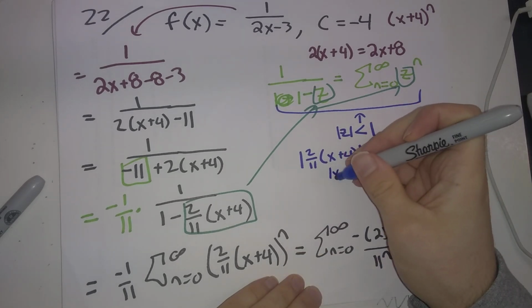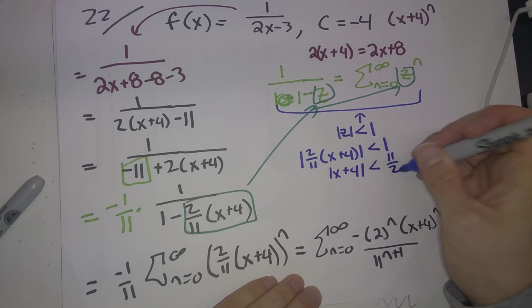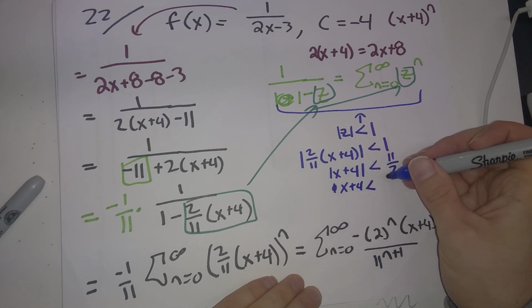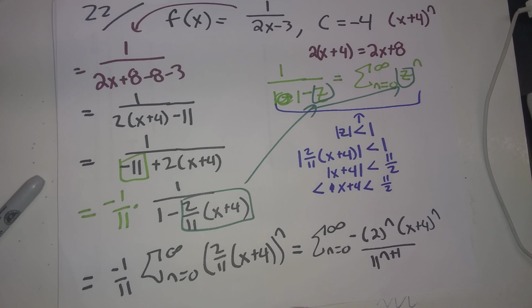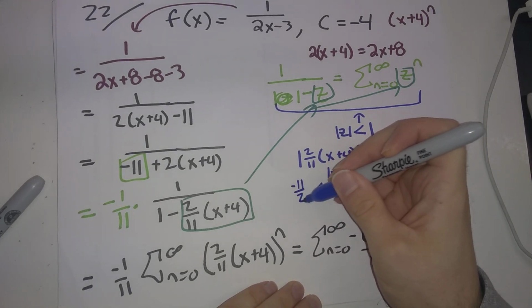So rewriting this, we have absolute value of x plus 4 is less than 11 over 2, which, dropping absolute value bars and replacing it with two inequalities, is x plus 4 less than 11 over 2 and greater than minus 11 over 2.